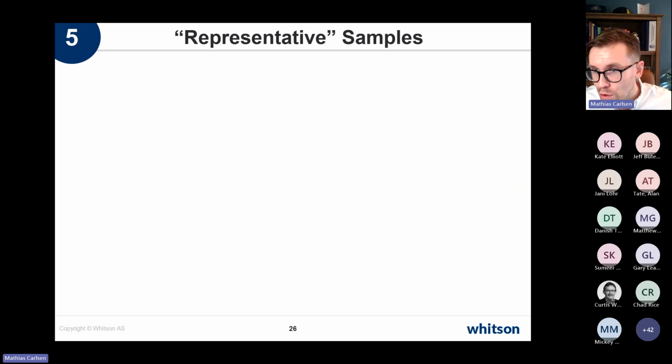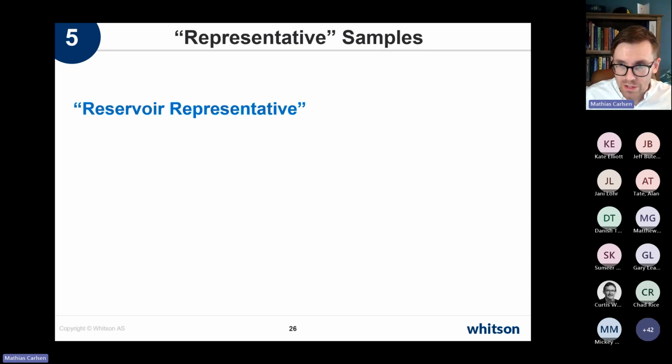Now, a very, very important practical aspect is this term that we call representative samples. In this course, how we define what's representative or in situ representative is very important, and it makes a ton of sense. So the first thing is what we define as a reservoir representative sample.